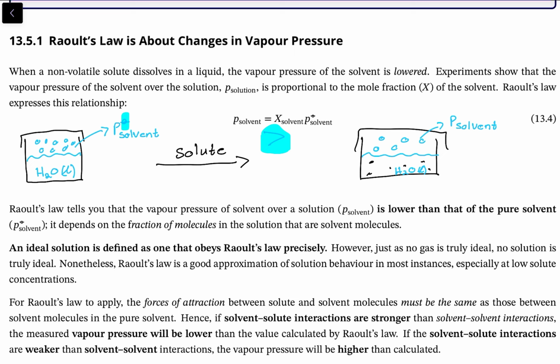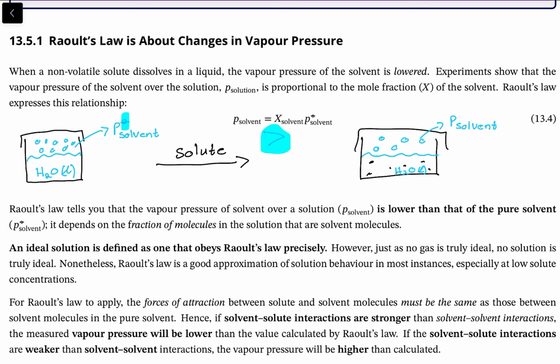In principle, it has to do with the fact that if you now dissolve a solute in your liquid, then you've increased the interactions in the system. There are more solute-solvent interactions, and that then decreases how many vapor phase molecules you will have.